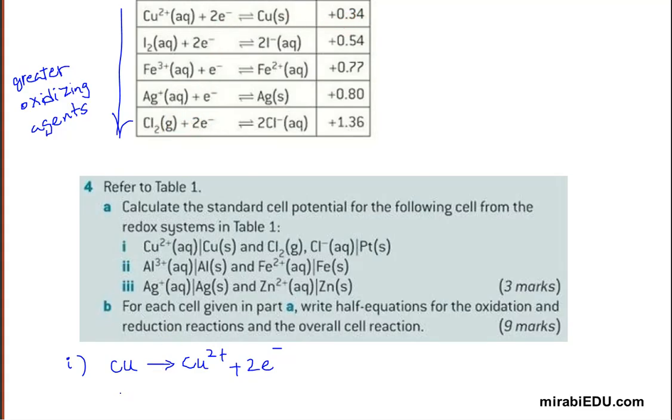So chlorine will gain electrons and reduce. Okay, because these two electrons will cancel out if we add these two. Of course, the first half reaction is called the oxidation half reaction, and the second one is called the reduction half reaction.